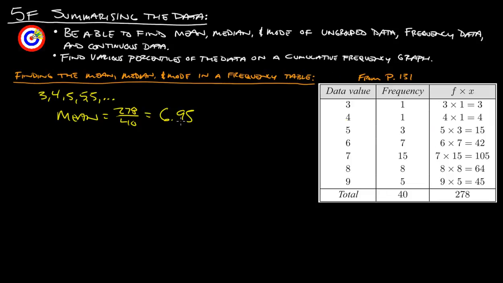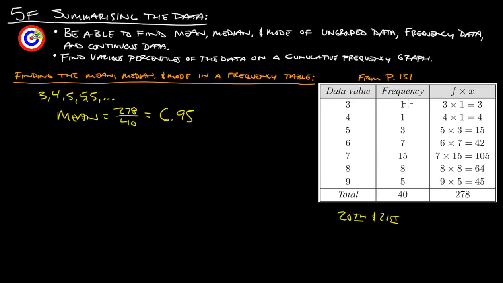Alright, and then let's take a look at the median. So again, if there's 40 scores, 40 total pieces of data, we really want to find the average of the 20th and 21st piece of data, right? Because that would be the middle 2 pieces of data.